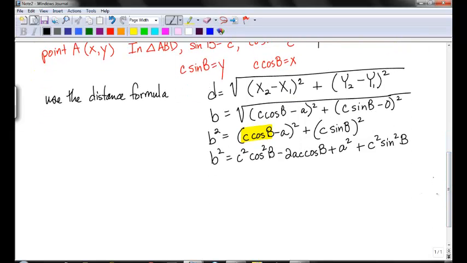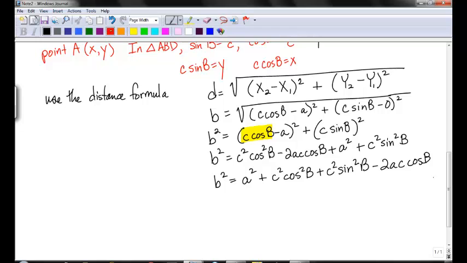Now it's a matter of the commutative property, rearrange terms. Remember when we did this, it was the sum of the squares of the other two sides, so put the a squared first. Then put the plus c squared cosine squared b plus c squared sine squared b, and then minus the 2ac cosine of b.